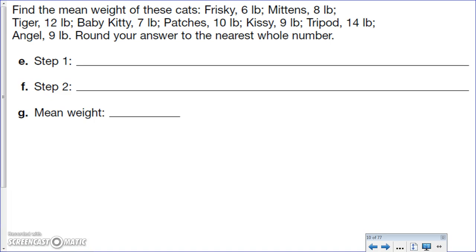So, step 1 is to add all of the weights of the cats together. So 6 plus 8 is 14, plus 2 is 16, plus 7 is 23, plus 9 is 32, plus 4 is 36, plus 9 is 45.